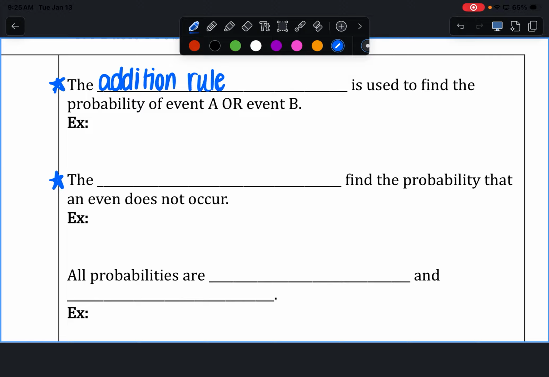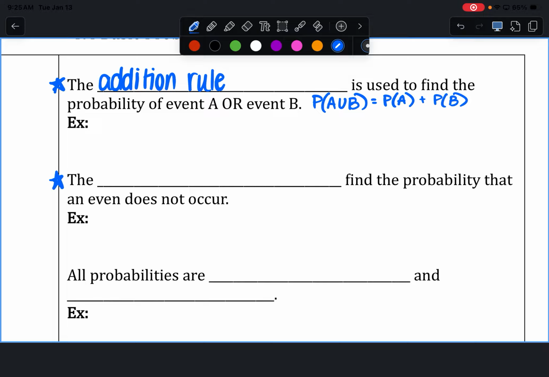If we have two mutually exclusive events, the addition rule is used to find the probability of event A or event B. And that rule is the probability of A union B is equal to the probability of event A plus the probability of event B.